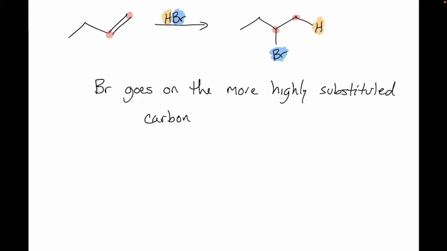What do I mean by highly substituted? This is that primary, secondary, tertiary business that we talked about. Tertiary is better than secondary, better than primary, right? So the bromine goes on the carbon that has more carbon-carbon neighbors.